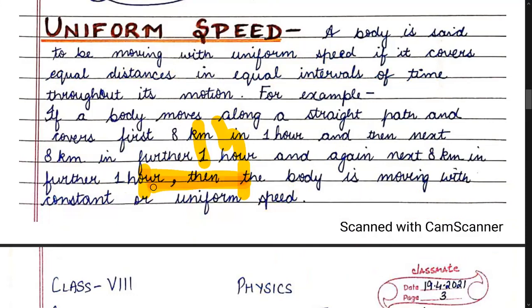Rather, this is not happening. Why? Because in this case, a body is moving along a straight path and it is covering equal distance in equal intervals of time, and thus the body is moving with constant or uniform speed.